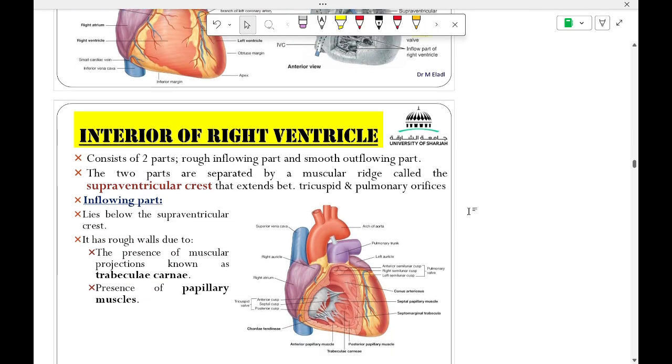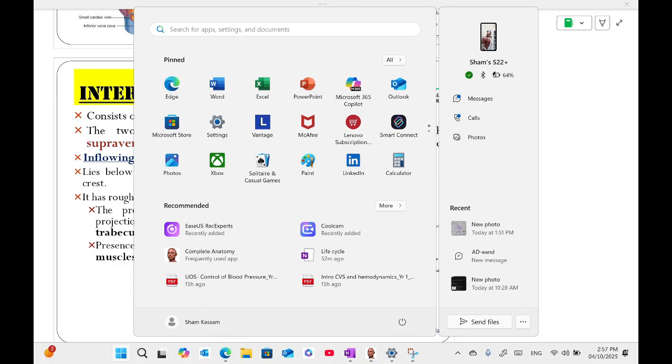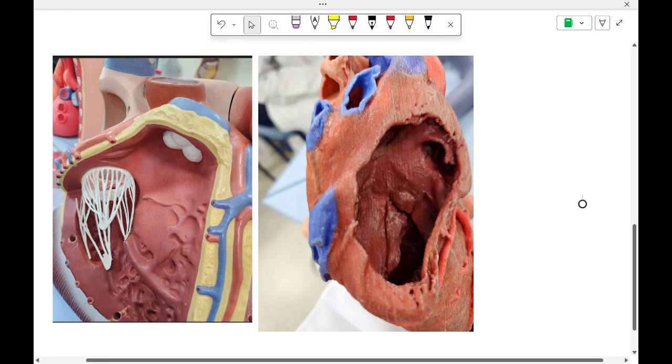Okay, now there's another structure that you have to appreciate in the interior of the right ventricle, which is the supraventricular crest. Now, the supraventricular crest I can't really show on this diagram, but I have a picture of it, which is over here.